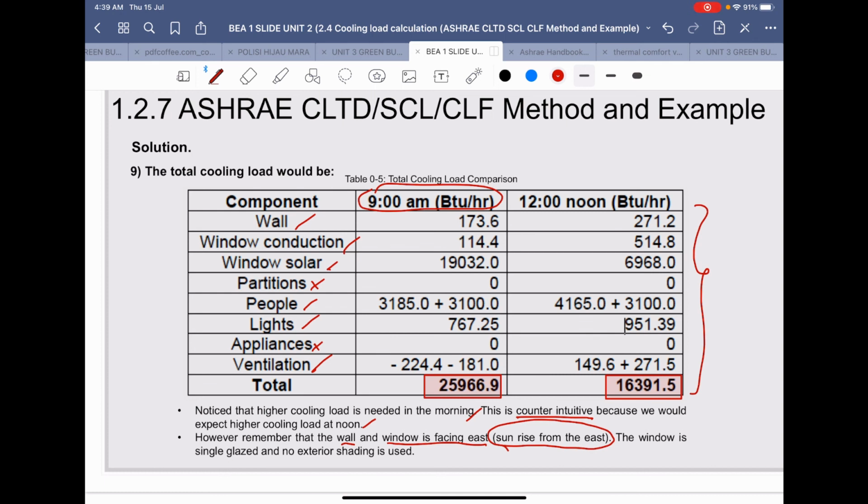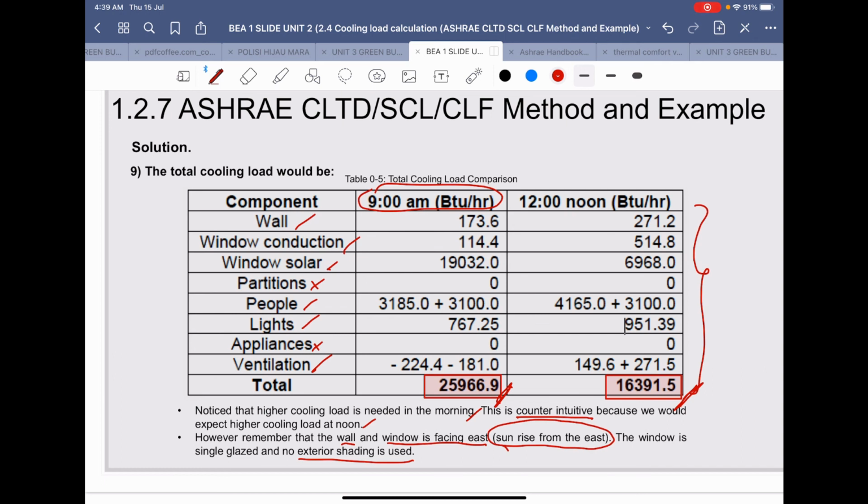So we assume that the sun rises from the east and sets at the west, so more of the east side of the wall receives sun radiation compared to the others. The window is single glazed and no exterior shading is used. So no wonder we get a higher load in the morning compared to the afternoon load.